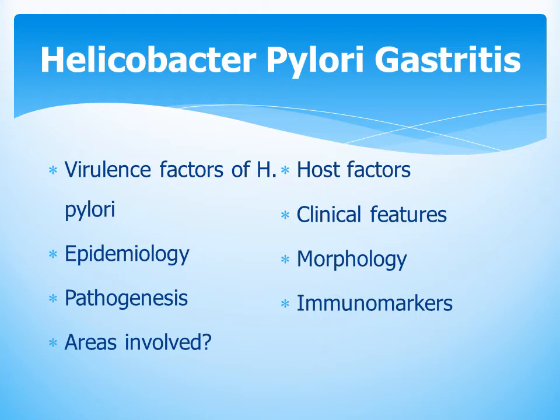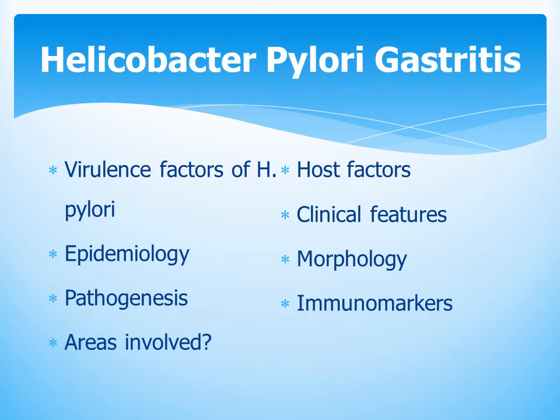Then there is production of the urease enzyme. Urease is very important, which elevates the gastric pH. How does it elevate the gastric pH? Because it generates ammonia from the urea, and when ammonia is generated, it has a basic nature, and as a result the pH is elevated.